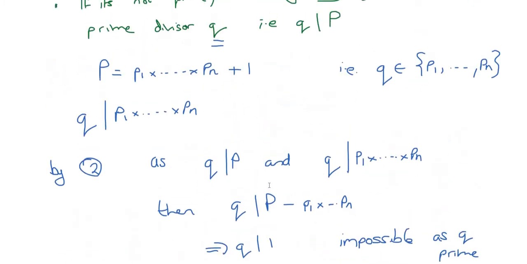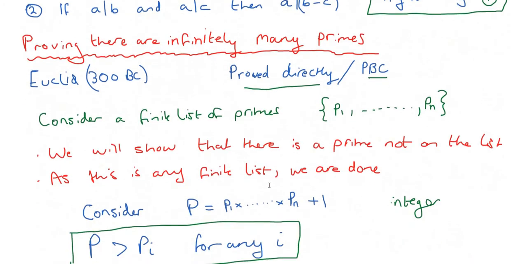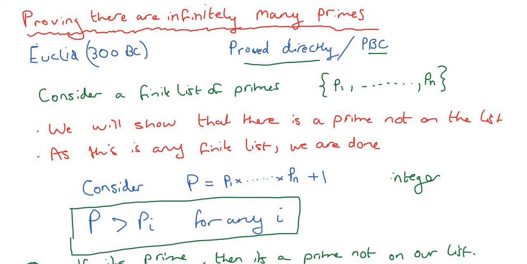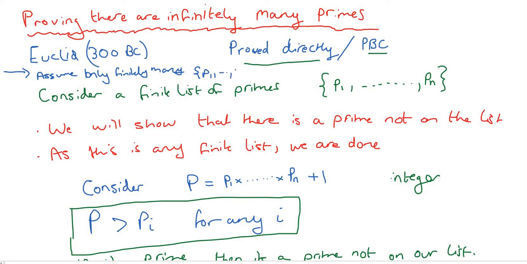Okay, now I'll quickly talk through where people go slightly wrong in assuming this is a proof by contradiction. So, up here somewhere, they'd say, assume only finitely many primes, so let's say p1 to pn again. So they've said, assume there's only a finite number of primes in total.